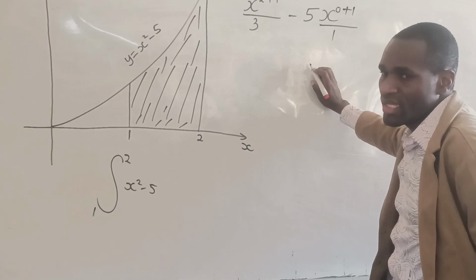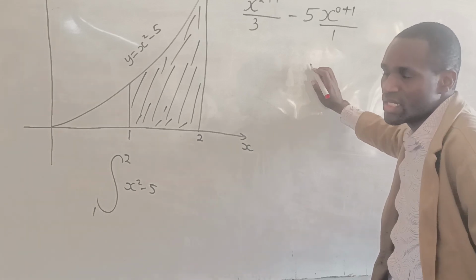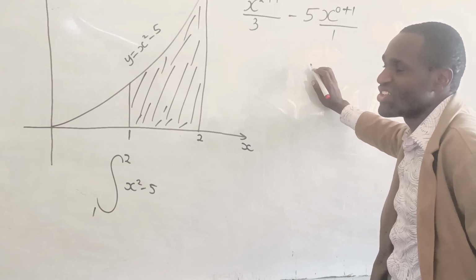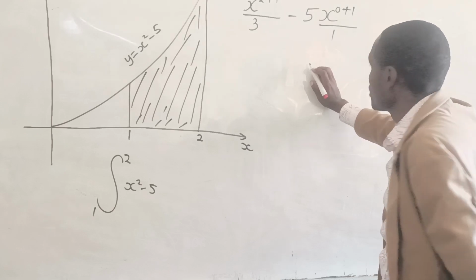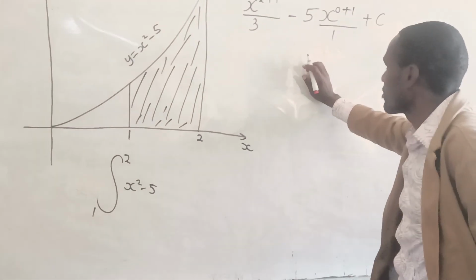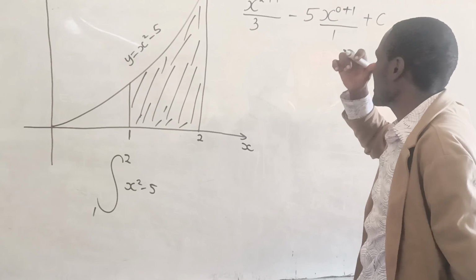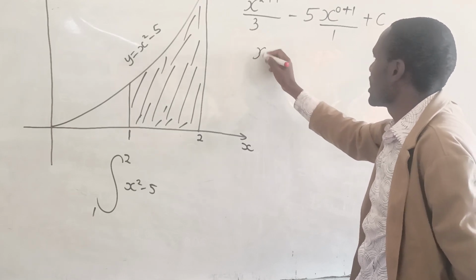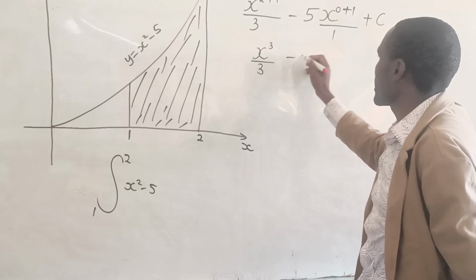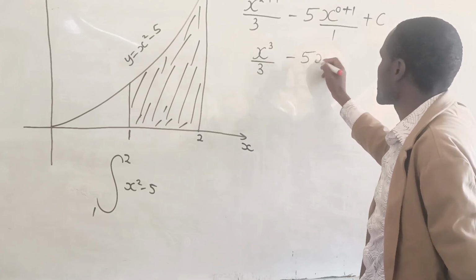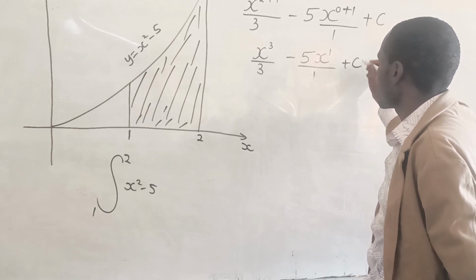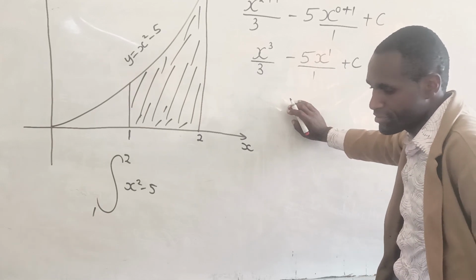During integration, there must have been a constant which got eliminated when the equation was differentiated, so we introduce that constant. Our final integrated equation is x cubed over 3 minus 5x raised to 1, divided by 1, plus the constant c.